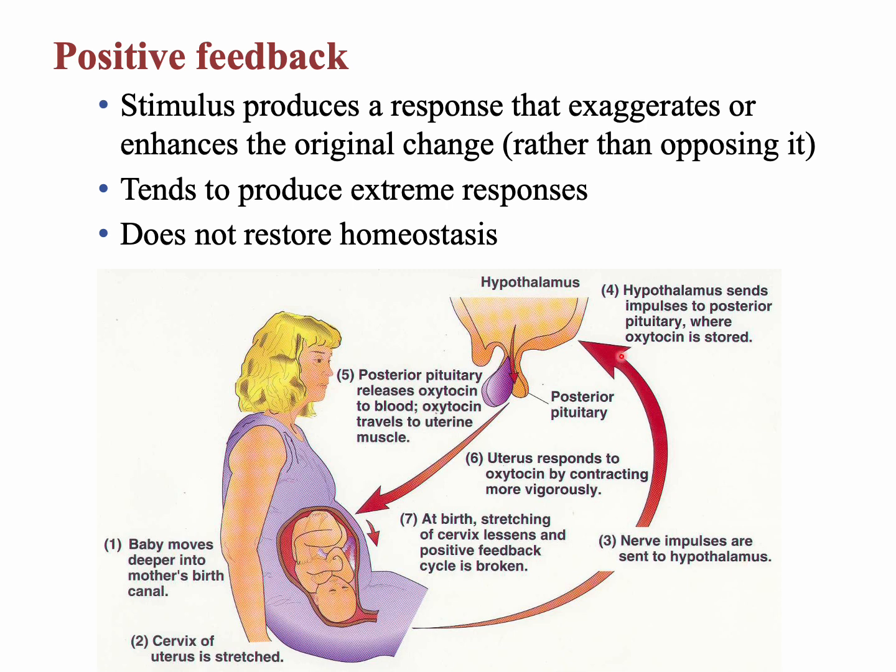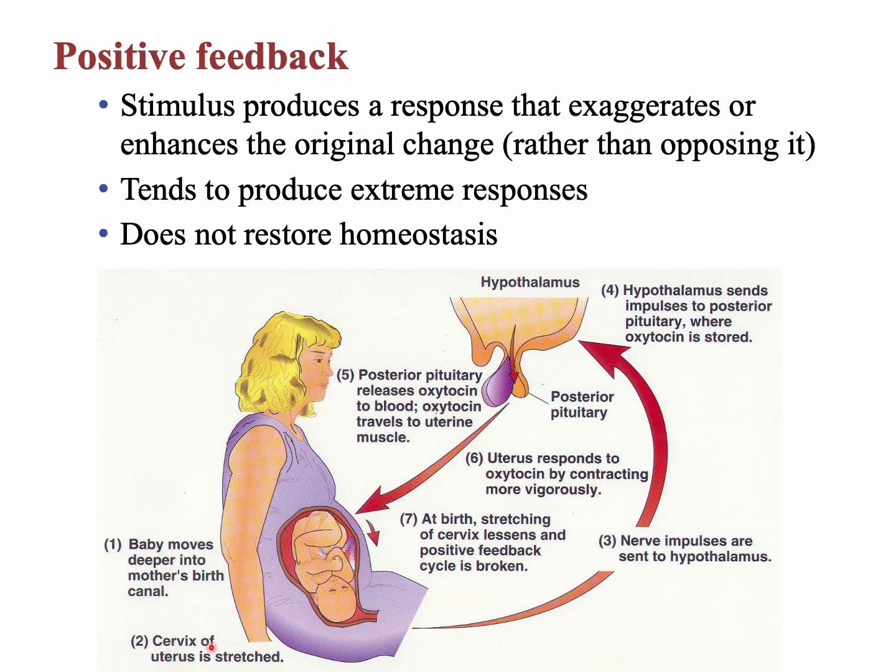The hypothalamus is going to then send impulses to the posterior pituitary, where oxytocin is stored. Okay, the posterior pituitary is going to release oxytocin into the blood. That blood that carries the oxytocin is eventually going to get to the uterus, and that's going to cause the uterus to actually contract even more forcefully.